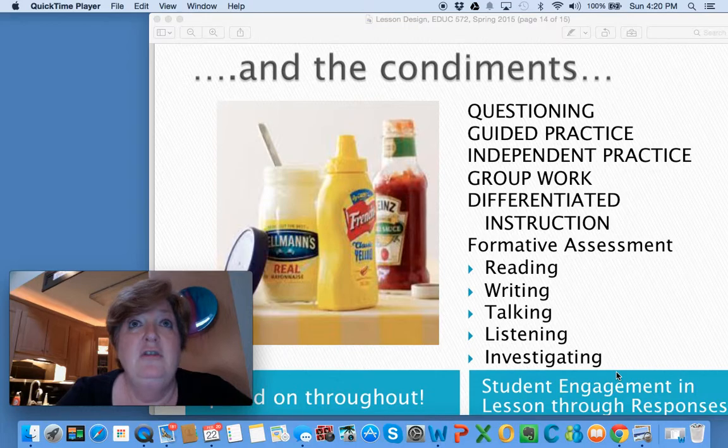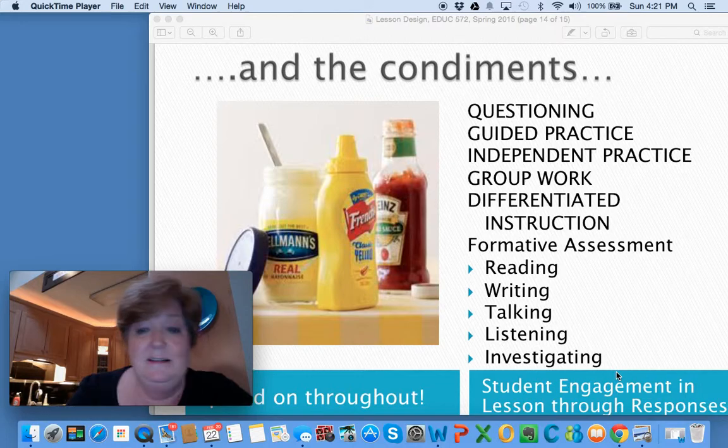You can have actually different students doing different things based on their interests, based on the way that they learn, based on their readiness for the content. You can have them demonstrating their learning in a variety of ways: reading, writing, talking, investigating. All of these are good, and the good thing about this part is it helps to create some variety in your lessons. Use different ones on different days.